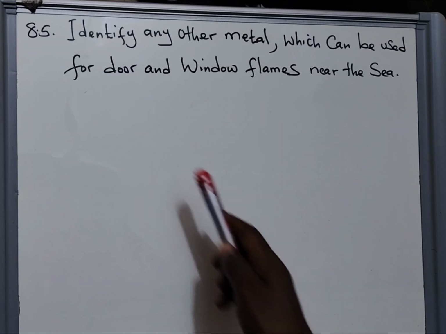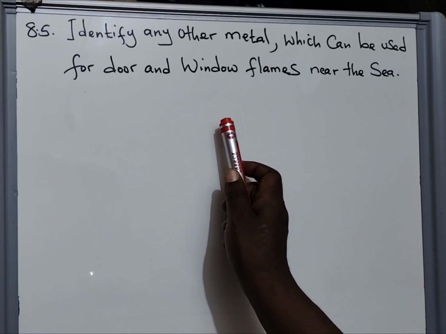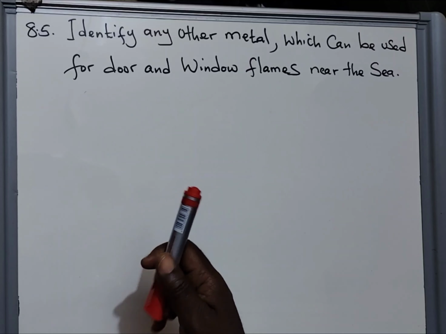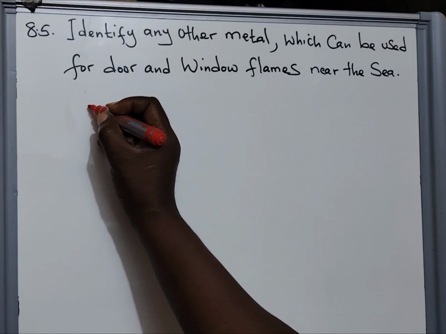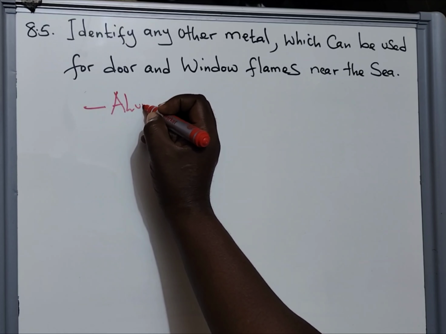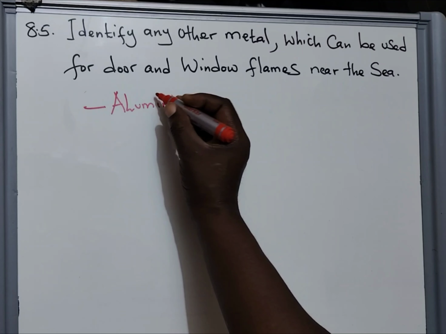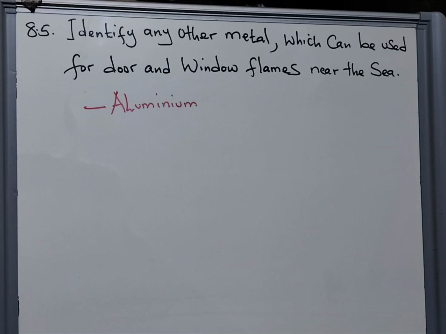Okay, but which metal can we use if we don't opt for wooden material? The metal is aluminium. So if you don't go for wooden frames, you can go for aluminium frames. Why? The reason is that aluminium does not rust.